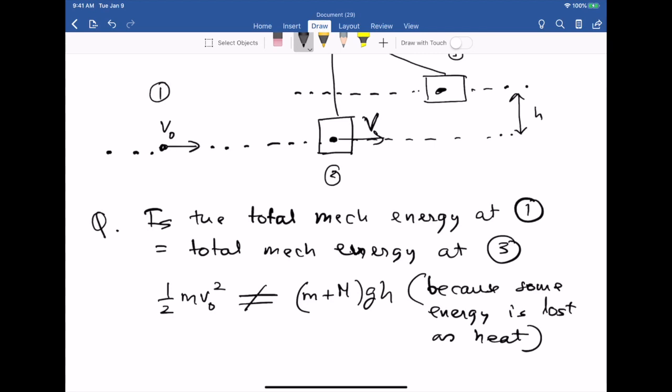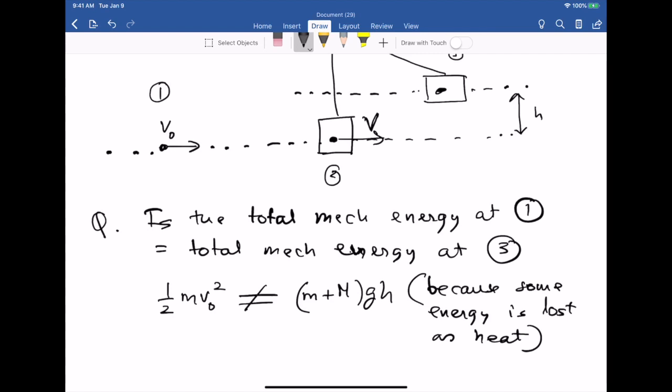Can you apply conservation of momentum during the collision, and conservation of energy between position 2 and position 3? Absolutely, because after the collision is over, there are no more non-conservative forces acting, right? So the total amount of energy right after the collision will equal the total amount of energy.